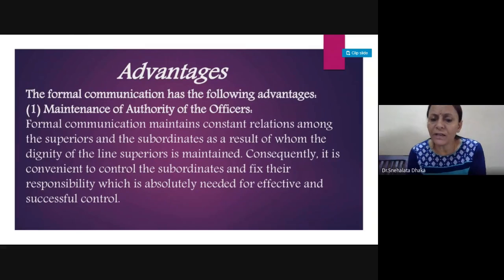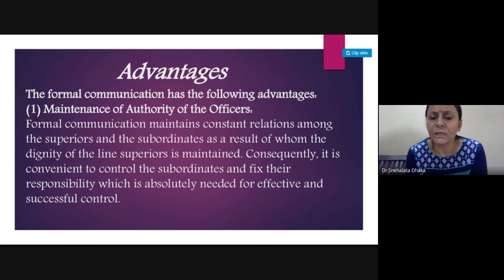Why? Because we have discussed earlier that there is a hierarchy in the organization at a formal place, and that hierarchy has to be followed for various types of tasks. Clear? Because that hierarchy is maintained, the authority of the officials, offices, and officers is maintained through formal communication.